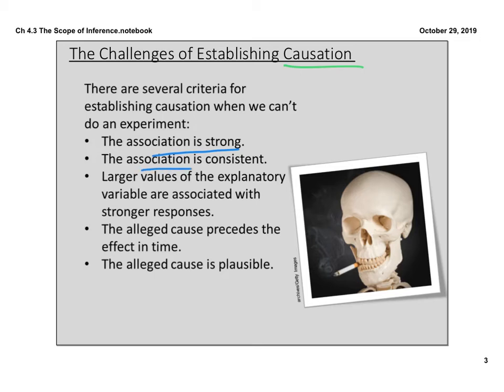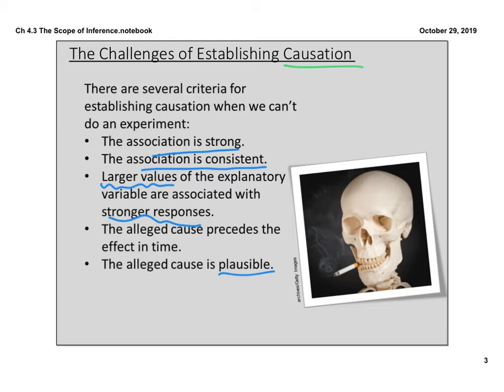We need to have a really consistent association across the whole data set. We also need to have larger values of the explanatory variable that are associated with stronger responses. We're looking for those unique outliers that are associated with stronger responses. The alleged cause has to precede the effect in time, and the alleged cause has to be plausible.